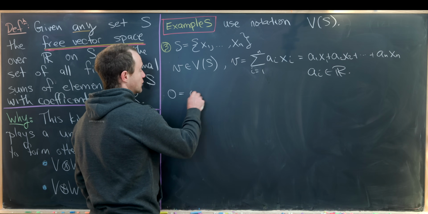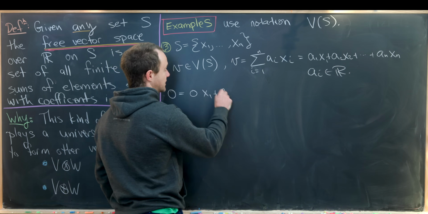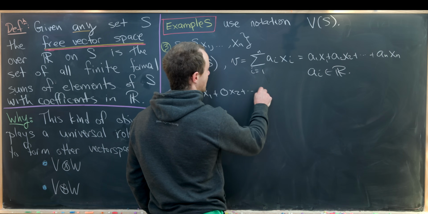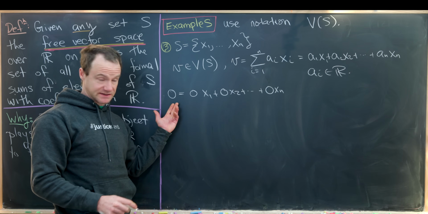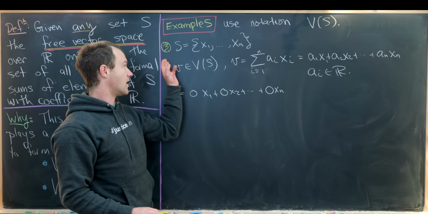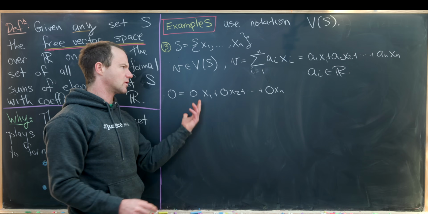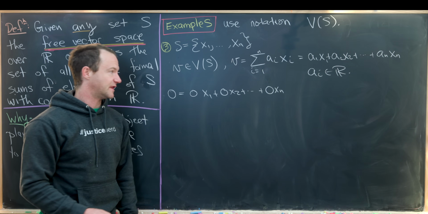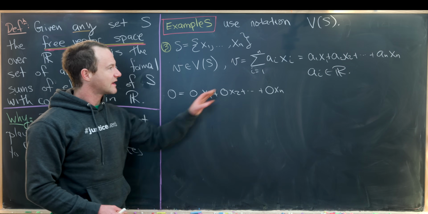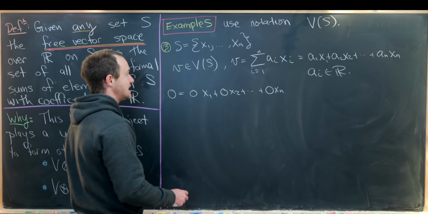Well, the zero vector will be 0 times x1 plus 0 times x2 all the way up to 0 times xn. In other words, it's this empty sum over elements from this set, or it's just the one where we're weighting all of the elements from the set with the number 0. And now I'd like to point out that this is clearly n-dimensional.